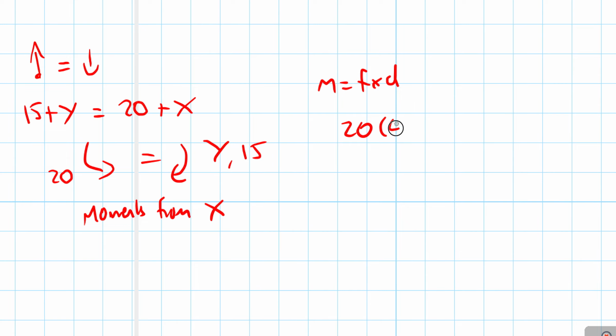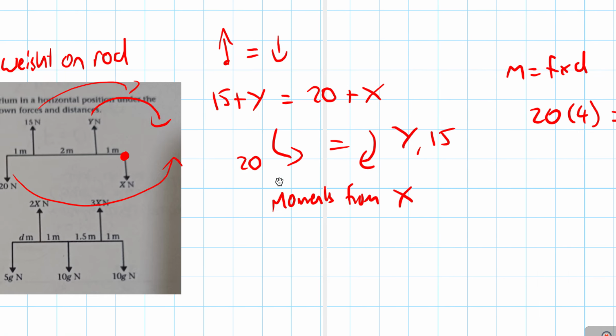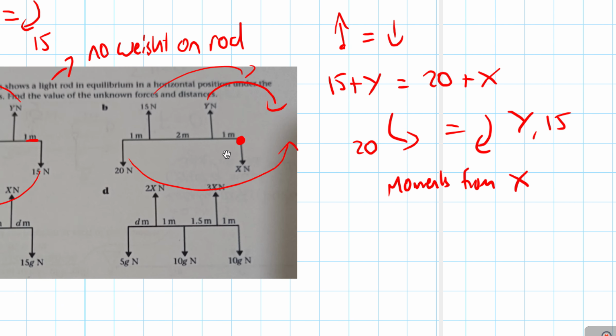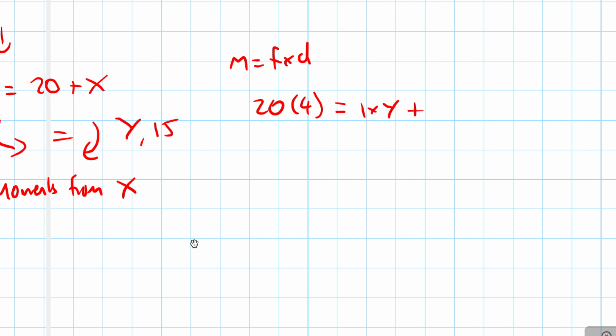So it's 20 times 4 is equal to y, which is 1 meter away, so 1 times y. Then we add our next moment, which is 1 plus 2, so 3 meters away, so 3 times 15. From here we've got 80 equals y plus 45, and then we subtract 45 from 80, so 80 minus 45 is 35, so y is equal to 35.